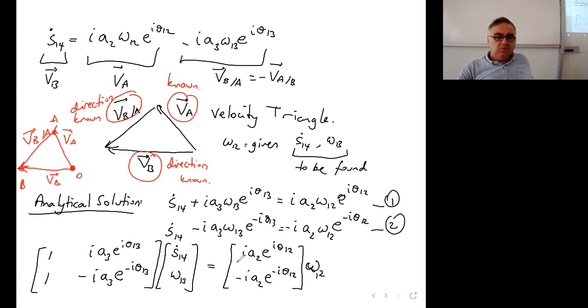So how can we solve this? We have to just invert this matrix. It has complex quantities in it, but it doesn't matter really. We can solve for this. Let's say use Cramer's rule to solve for it. And for example, I can say S14 dot will be the following.